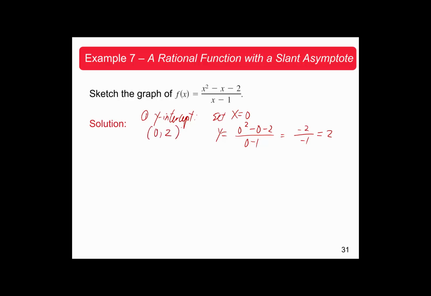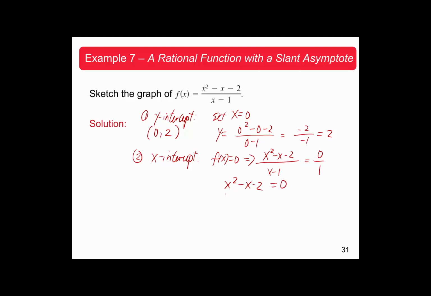And second step, find the x-intercept. Here we're setting y equal to 0, f of x equal to 0. The same thing as saying x squared minus x minus 2 over x minus 1 equals 0. You cross multiply and then solve for x. We get x squared minus x minus 2 equals 0, since 0 times any variable term becomes 0.